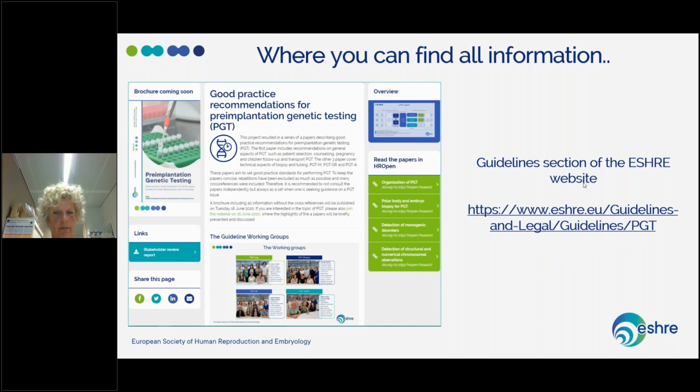And soon to come is the link to the brochure, a different format in which there are no cross-references, and in which you have the table of contents, which should make the recommendations easier to use.